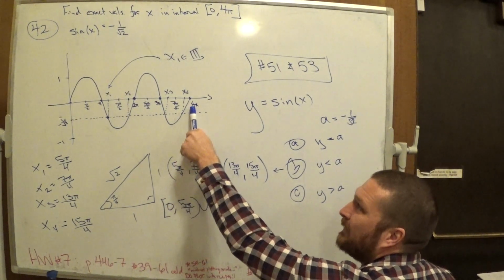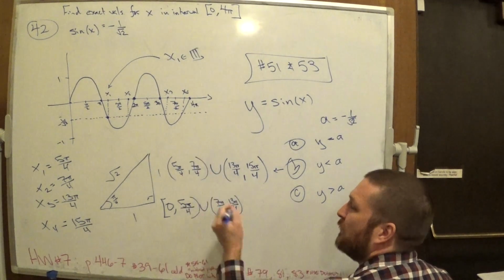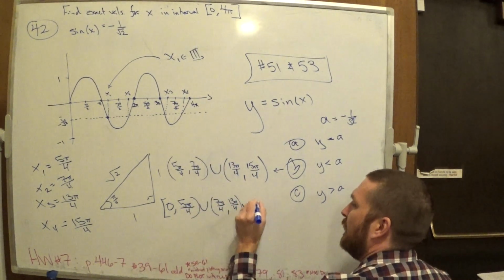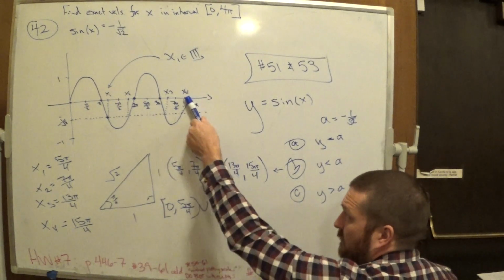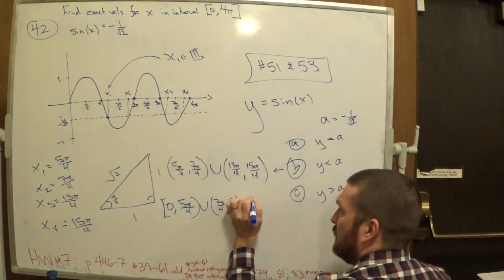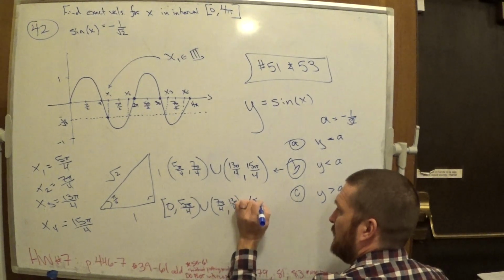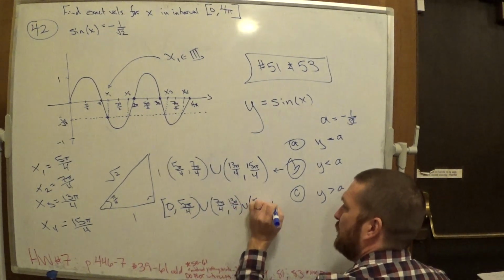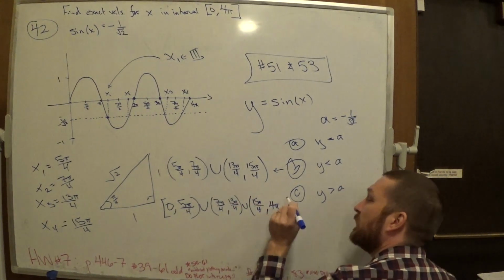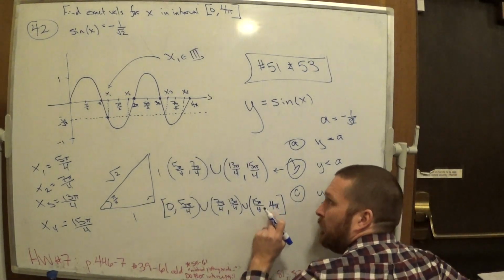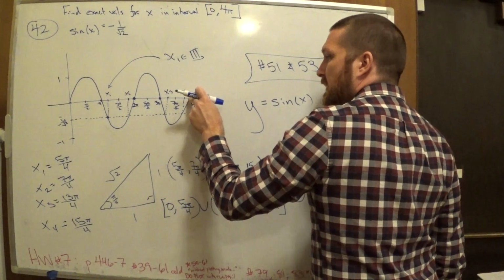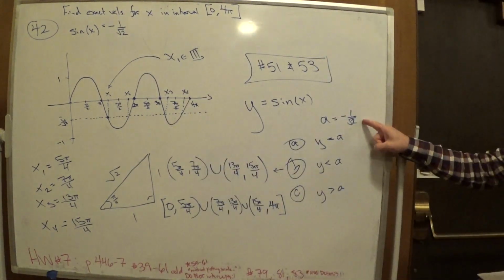It is bigger there. Look at that. And so from where to where? x4 to 4 pi. So 15 pi over 4 up to 4 pi, and do we include it or not? We include it, because you plug in the 4 pi, what pops out? A 0. Is 0 bigger than that number?